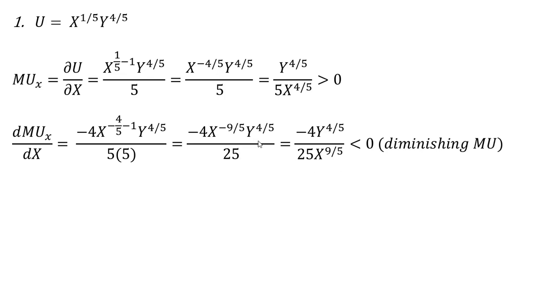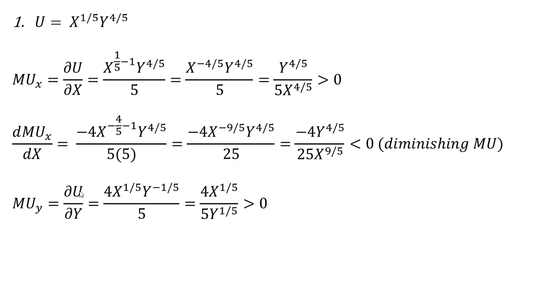So regardless of the simplification here, we have a negative sign, so this is going to be negative, and that is an indication we have diminishing marginal utility. As we consume more units of good x, yes, utility increases, but it increases at a decreasing rate. That decreasing rate part indicates diminishing marginal utility.